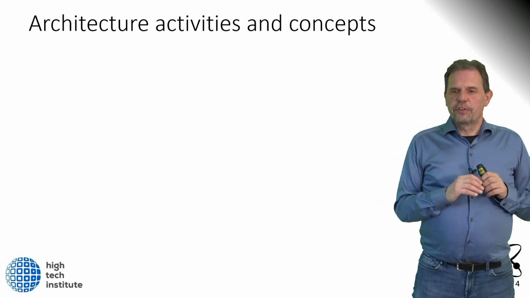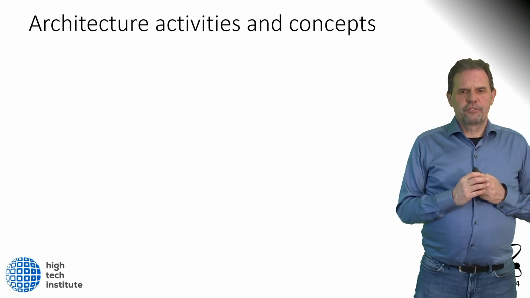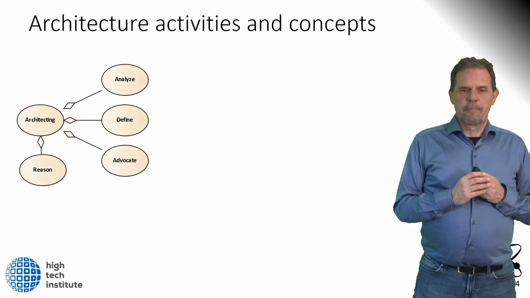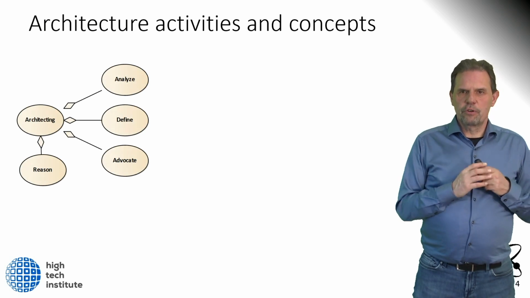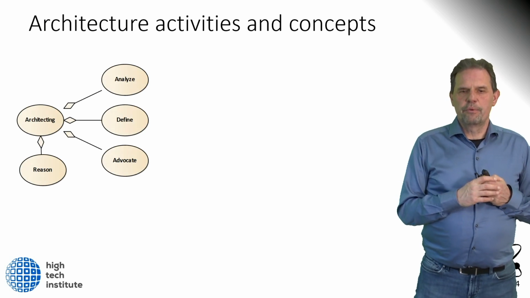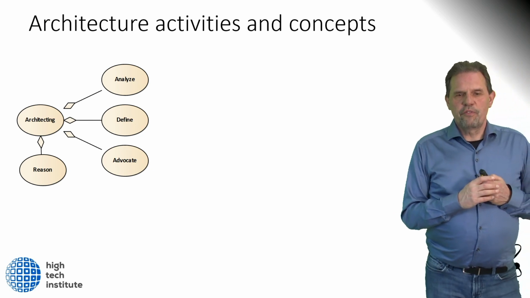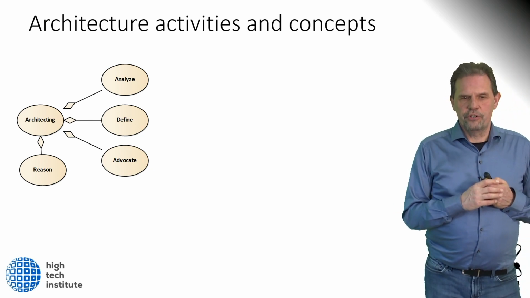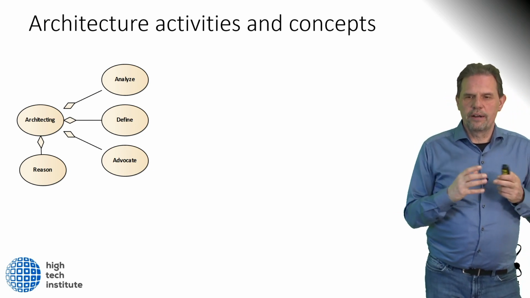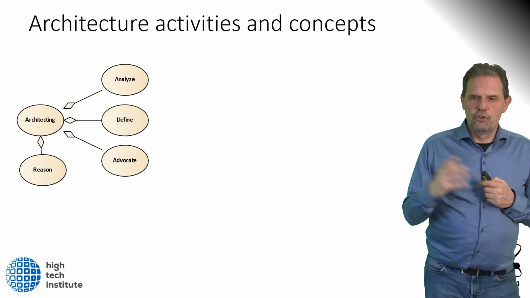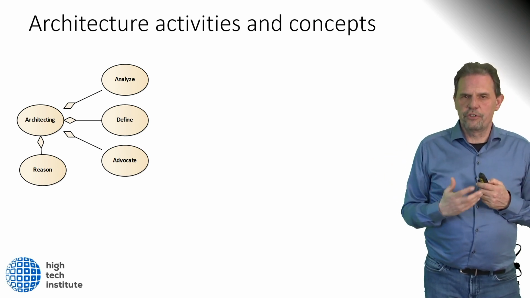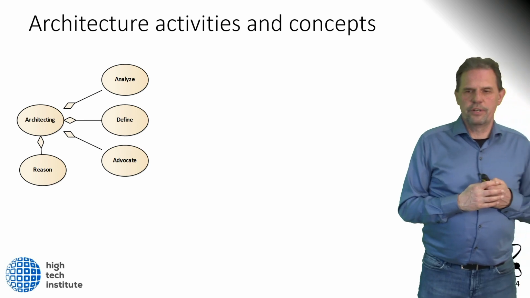The course itself can be seen along two perspectives, activities and concepts. Activities are the main architecting activities, which are analysis, definition, and advocacy. And reasoning is everywhere. During analysis you reason, during definition you reason, during advocacy you reason.